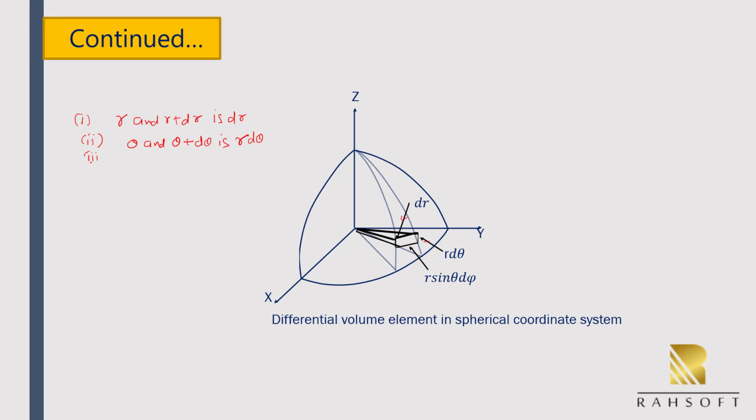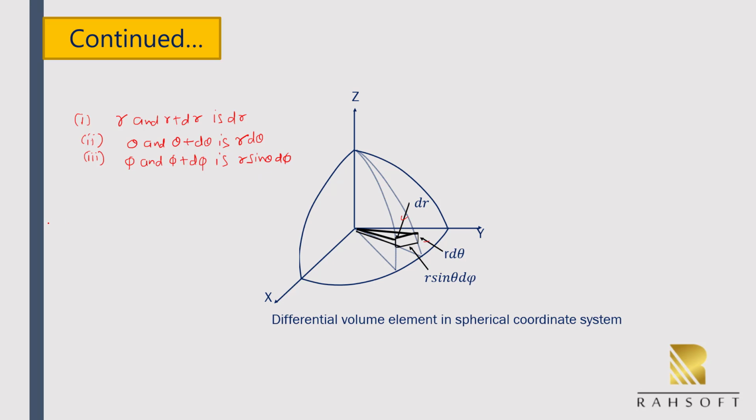The third point is the distance between two radial planes at angle phi and phi plus d phi is r sin theta d phi.